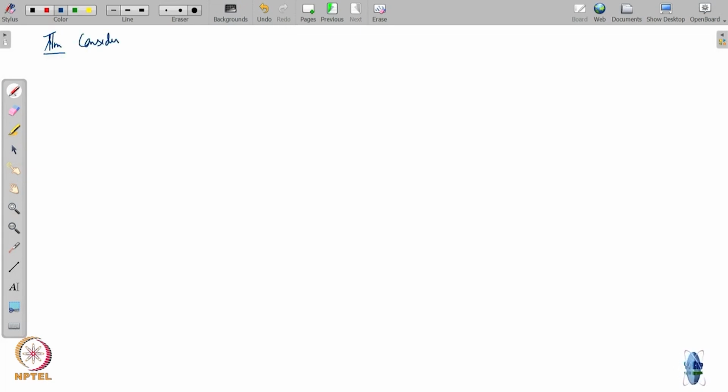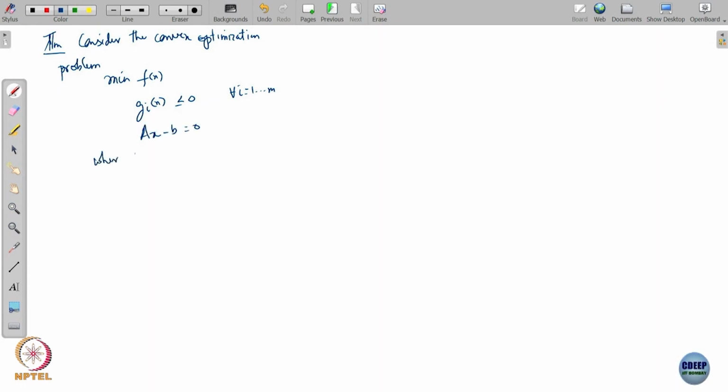Consider the convex optimization problem above.